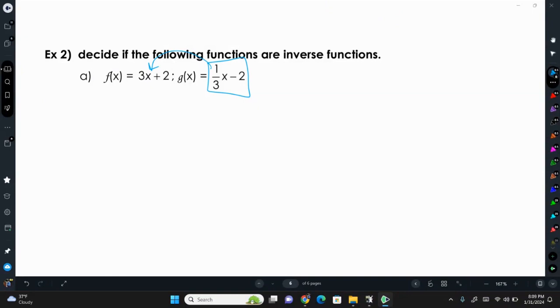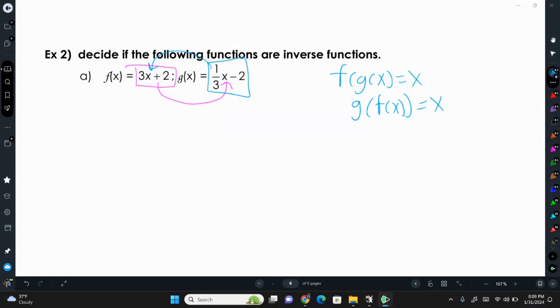So if we do the composition both ways, meaning we take f and plug it into g, and g and plug it into f, if they both equal x, then they are inverses of each other. So if f of g of x equals x, and g of f of x equals x, then they're inverses of each other. Now, I think that is a lot of work, especially when we're dealing with fractions and stuff like that.